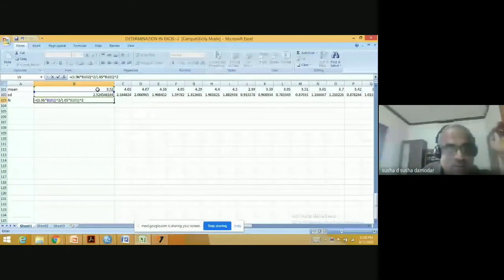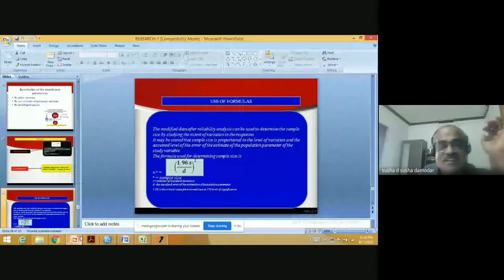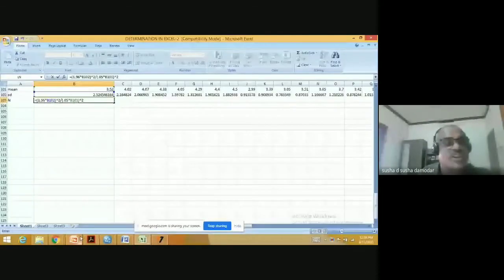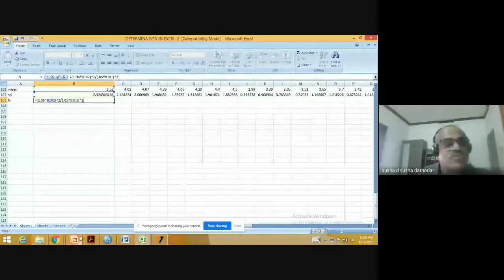So what is the formula here? The formula is sample size n equals bracket 1.96 standard deviation into standard deviation divided by d square. In Excel, this formula can be applied like this: is equal to 1.96 into the standard deviation bracket ^2, that means square, divided by 0.05 into mean square, square means ^2.